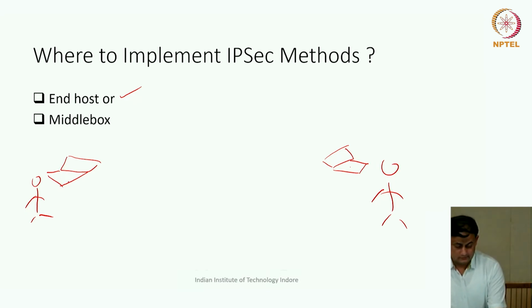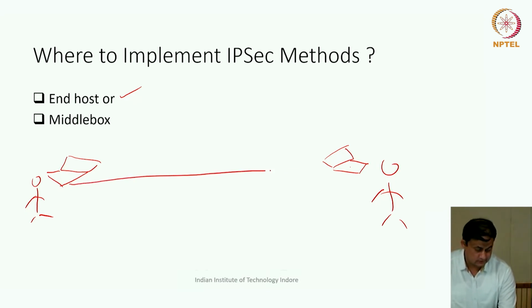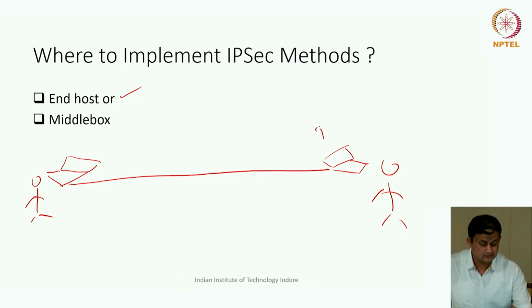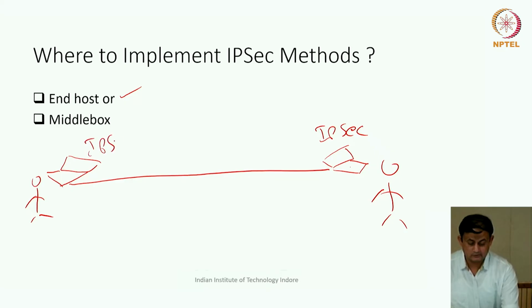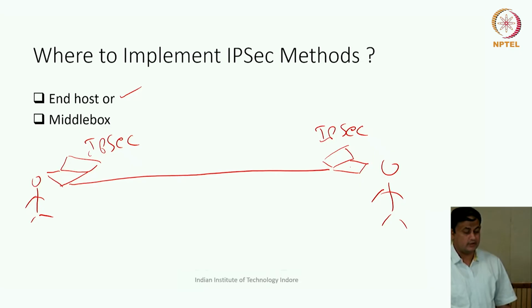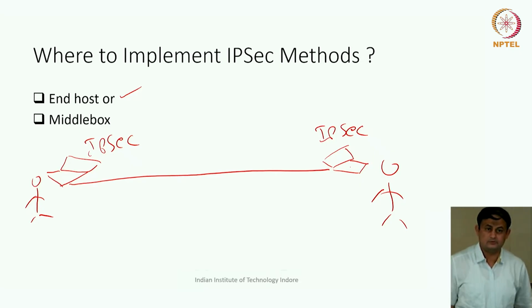So these two end systems themselves implement the IP security feature, meaning I am going to add the code or the feature corresponding to IPSec to these two end hosts, meaning the TCP/IP stack of these two computers, and they themselves establish a tunnel between them and then talk to each other.